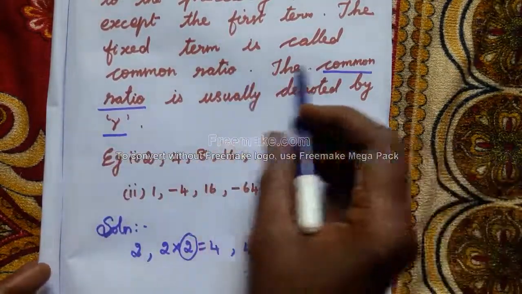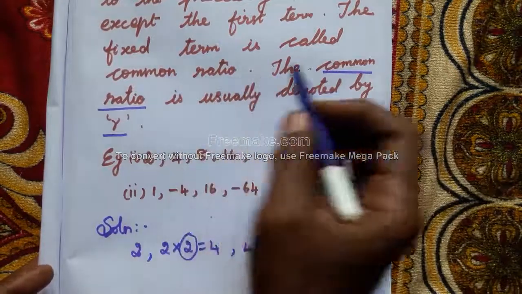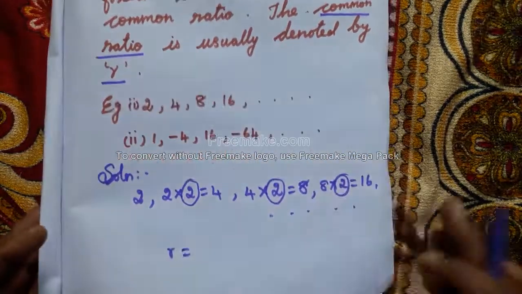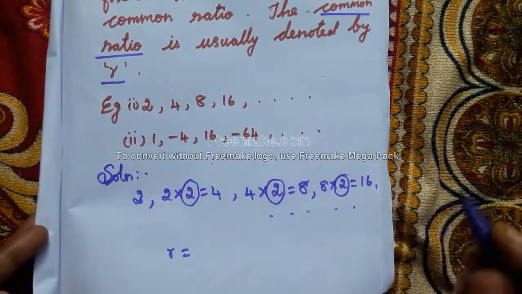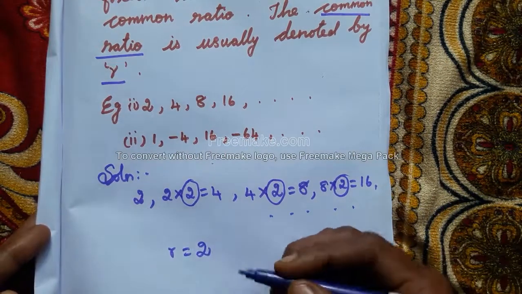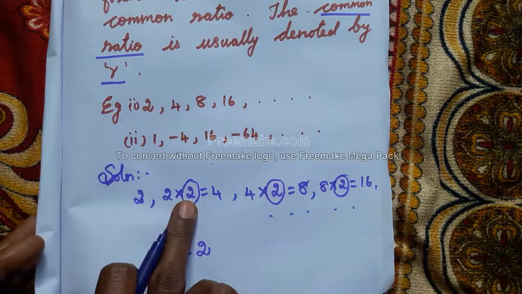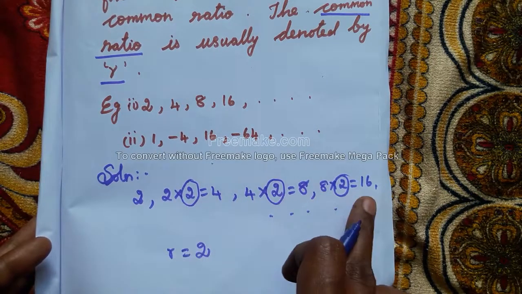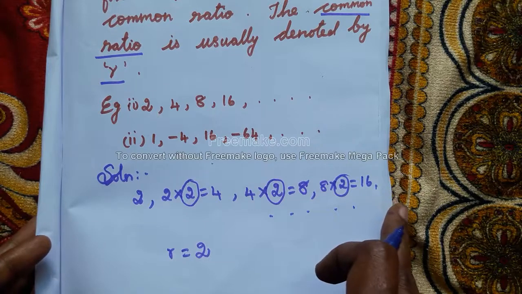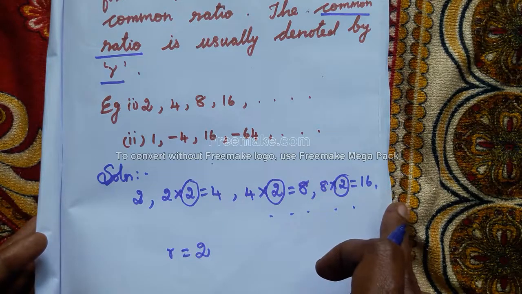The fixed non-zero term is the common ratio. Here 2 is the fixed non-zero value, therefore r is equal to 2. Why can we say it is a fixed non-zero value? Every term we are multiplying by 2. So, r is equal to 2. Clear students? Okay.